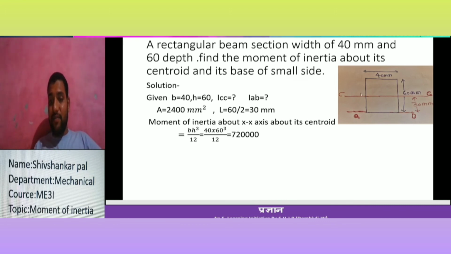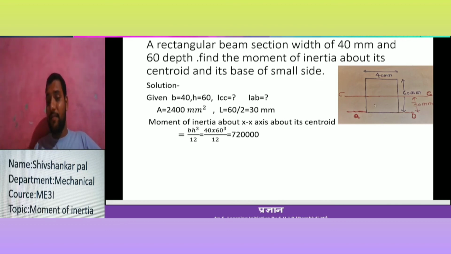Again, the moment of inertia about the AB axis. When you have found the centroidal moment of inertia, you can transfer it to the AB axis using the parallel axis theorem.